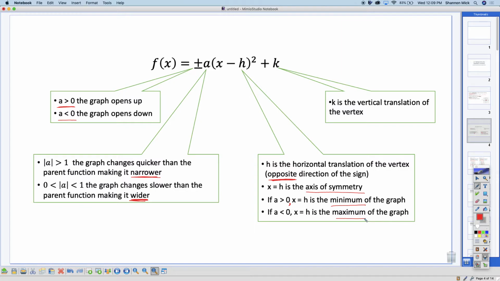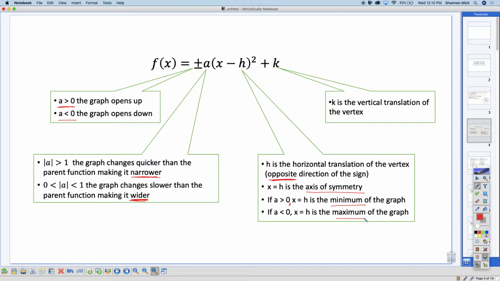So h actually is quite a few things, right? It's the horizontal movement of the vertex. It's the axis of symmetry. What does axis of symmetry mean? It's the same on both sides. And if A is greater than 0, it's a minimum. If A is less than 0, it's a maximum. And H is always the opposite direction of the sign.